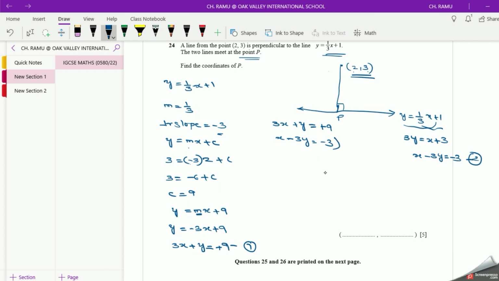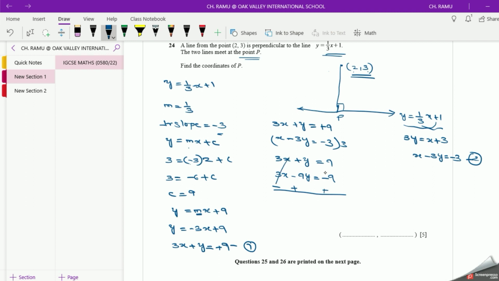Now multiply this second equation with 3. First one will be as it is, 3x plus y is equal to 9, and 3x minus 3 3s are 9y is equal to minus 9. Now subtract, minus plus, plus.